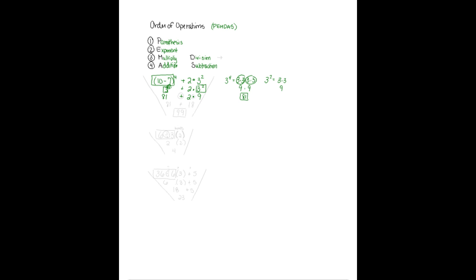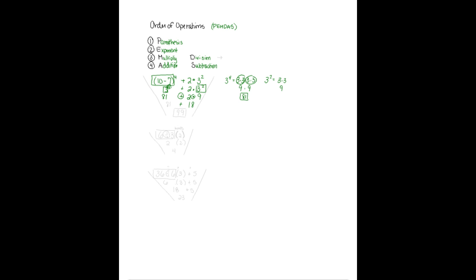As I continue to look at this, I recognize that step 3 is multiplication and division next, and then step 4 is addition and subtraction. In the line I'm looking at right now, I have addition and multiplication. Which one do I do first according to the order of operations? Well, I need to do the multiplication first. So what is 2 times 9? That's an 18.